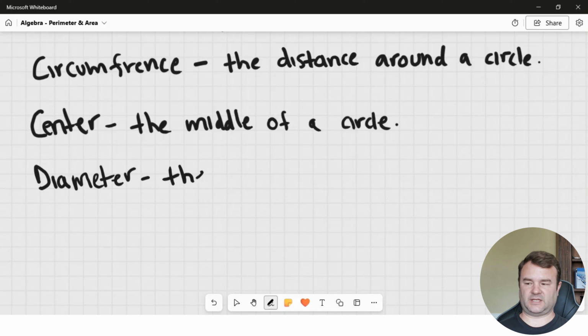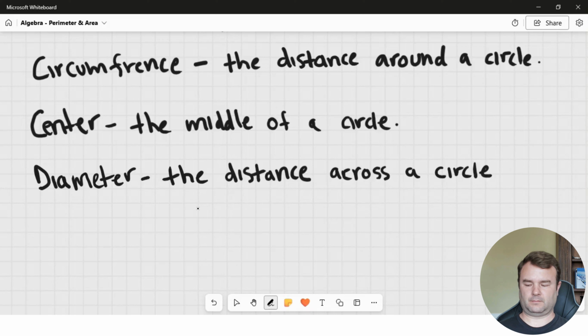So the distance across a circle through its center.